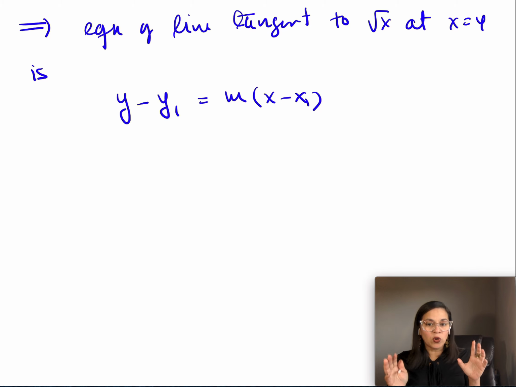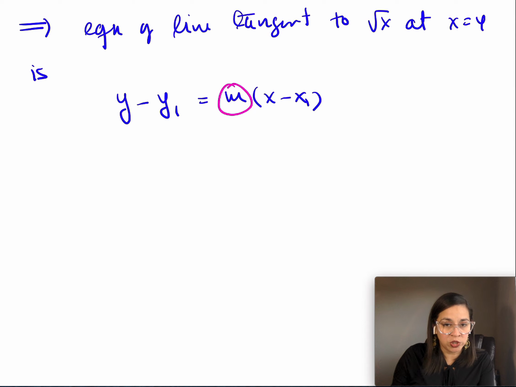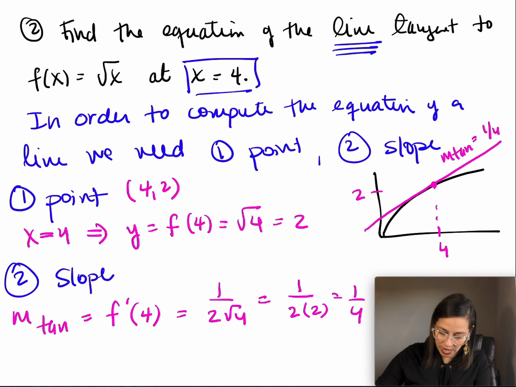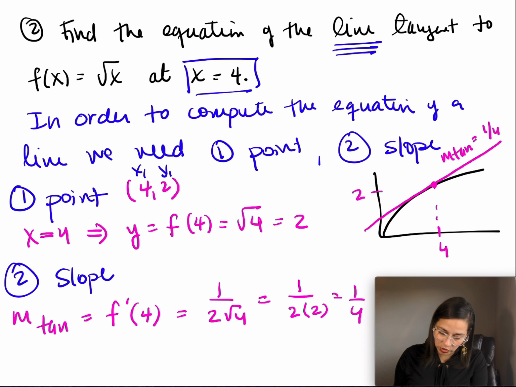You know the formula. So now this is the slope, which is the slope of the tangent line, which is 1 over 4. And then the point is 4, 2. So, of course, if I'm going to use the same variables, then this is my x1, y1. So 4, 2. So let's do it.